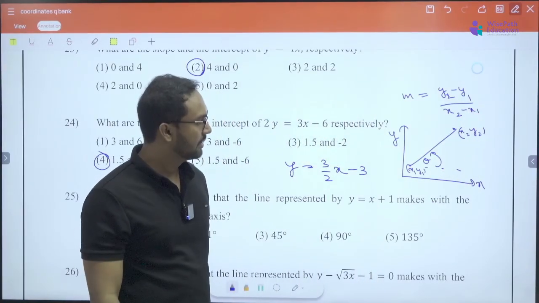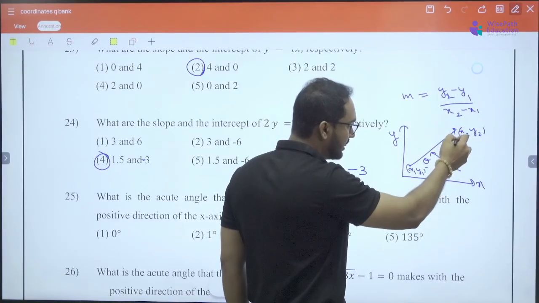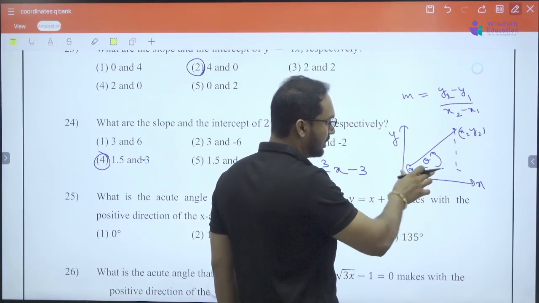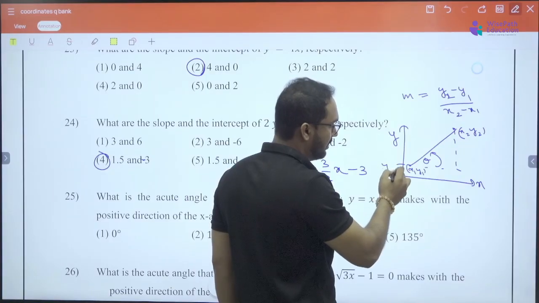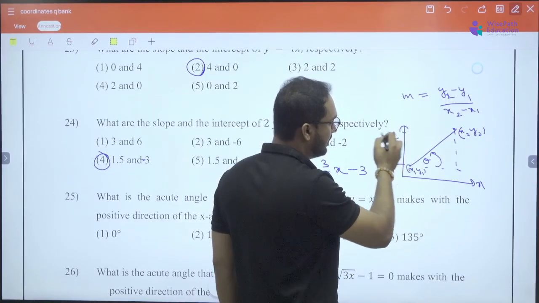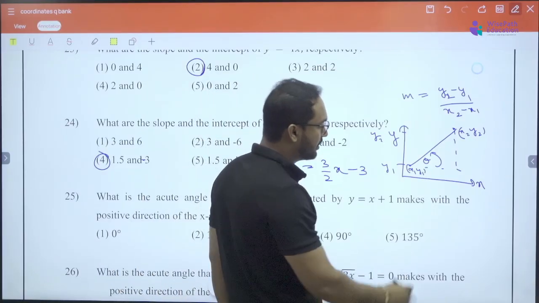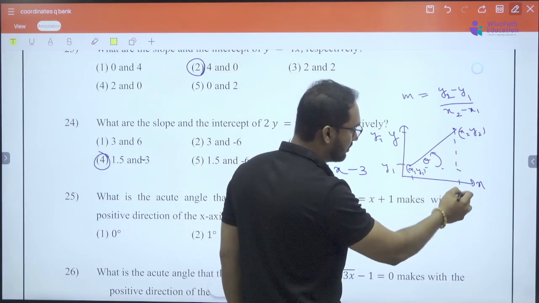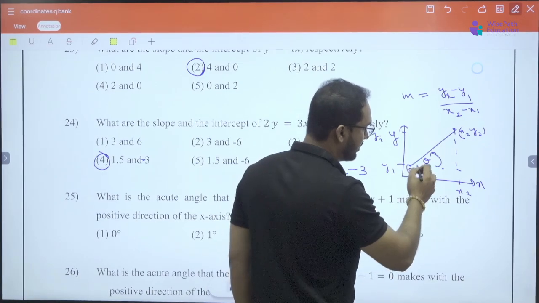The difference of the two y coordinates is this line, because this is y1 and this is y2. The difference of the two x coordinates is this, because this is x2 and this is x1.